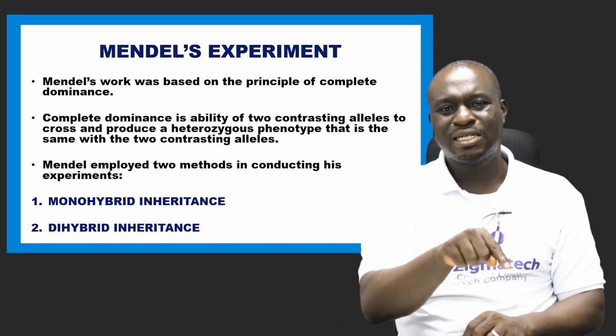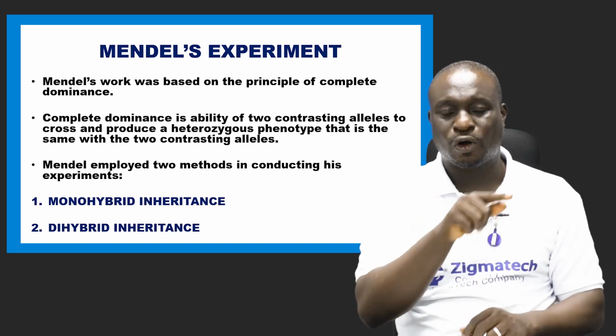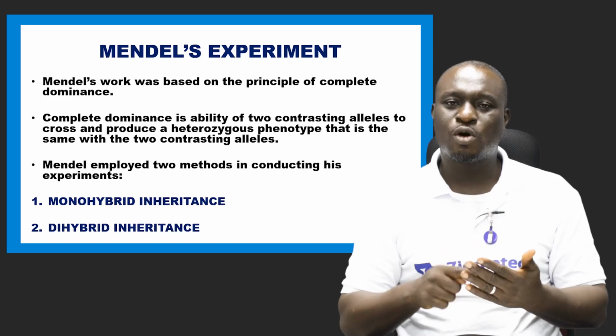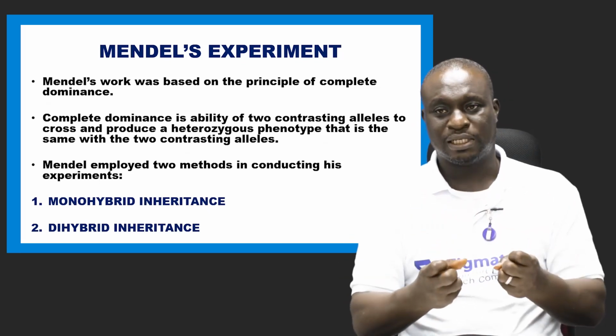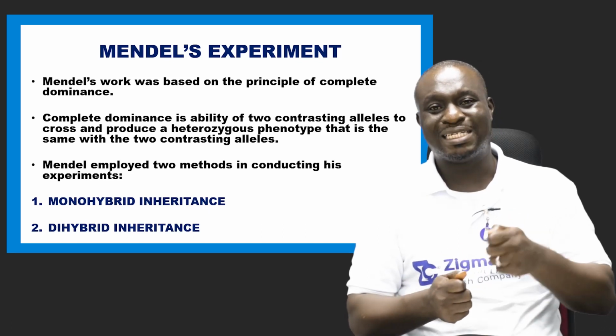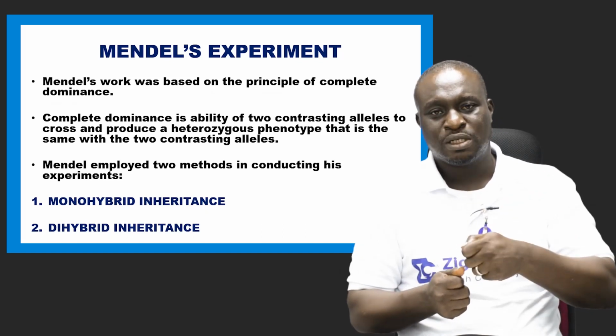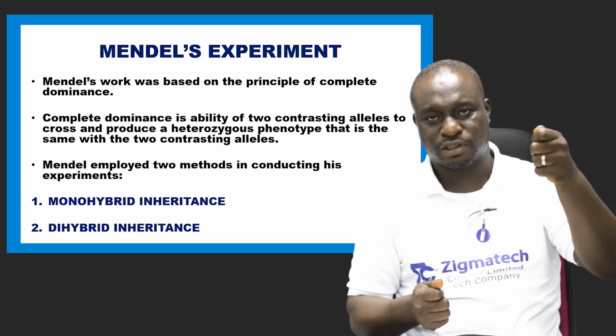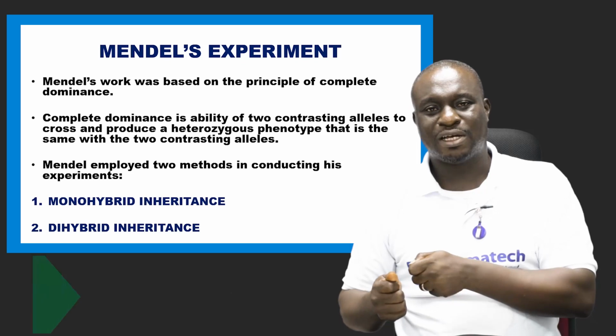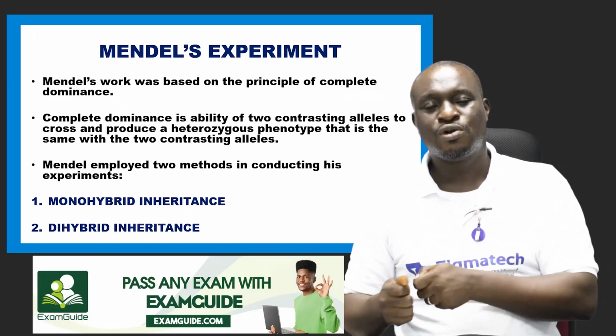That is, the parent organism that has big T is tall. The offspring, which is big T, small t, is also tall in terms of the phenotype. But in terms of genotype, they are contrasting. The genotype of the parent organism is homozygous, while the genotype of the offspring is heterozygous.